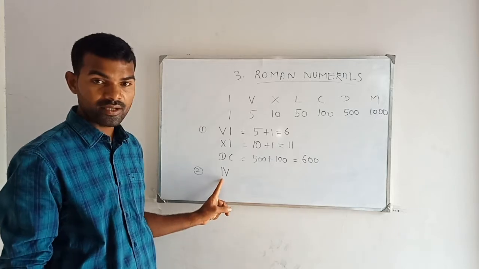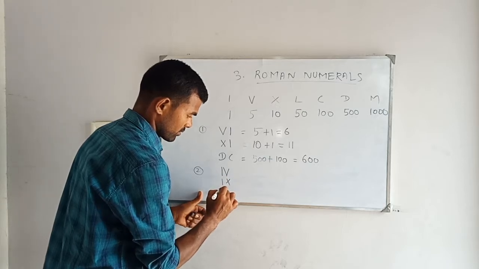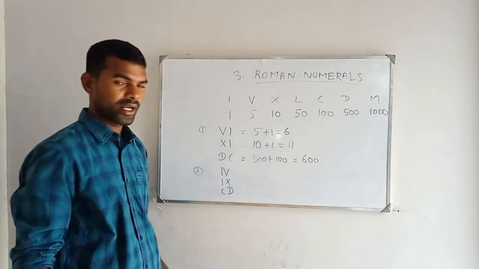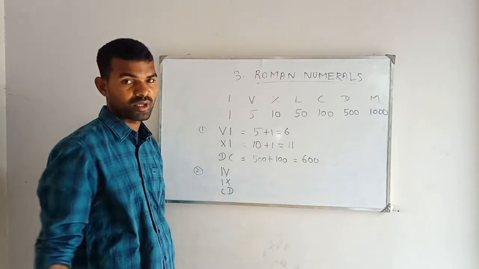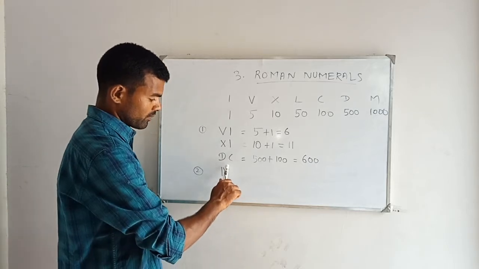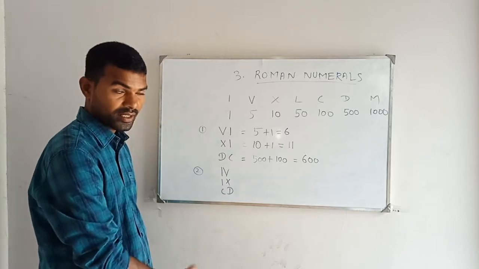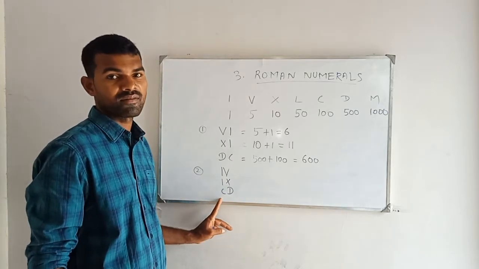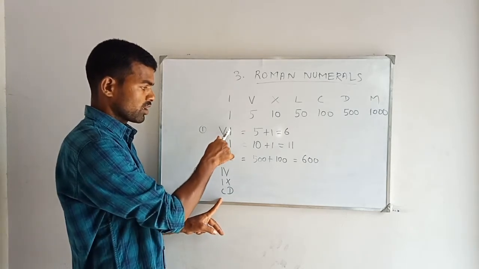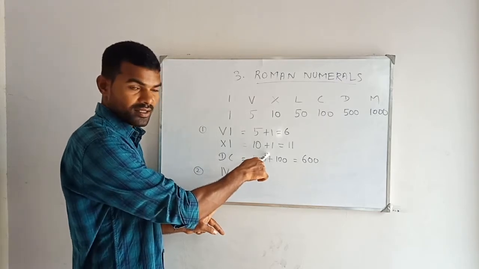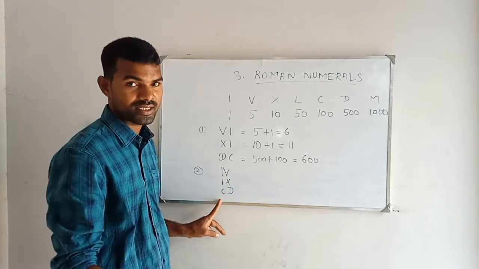When you write the smaller numeral on the left side of the bigger numeral, the bigger numeral is on the right side and the smaller numeral is coming on the left side. When the smaller numeral comes on the right side, we do the addition. Just the opposite: when the smaller numeral comes on the left side, we have to do the subtraction.